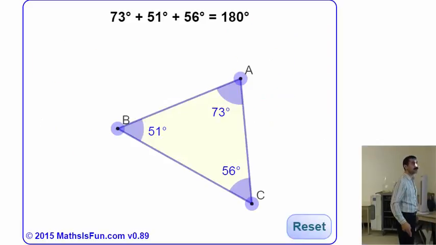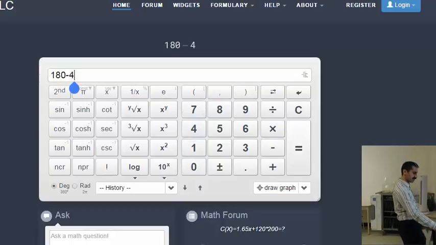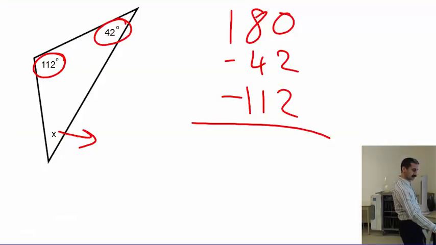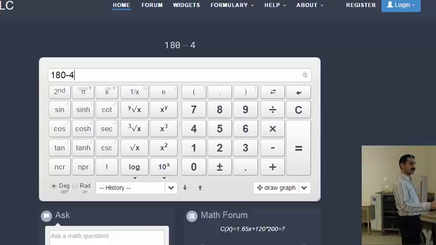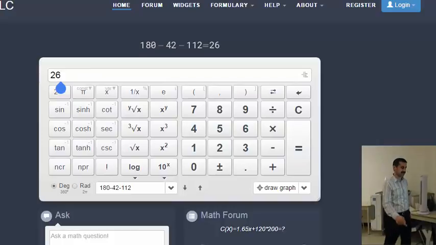So let's go to my calculator. 180 minus 42, 42 minus 112, that will give you 26.